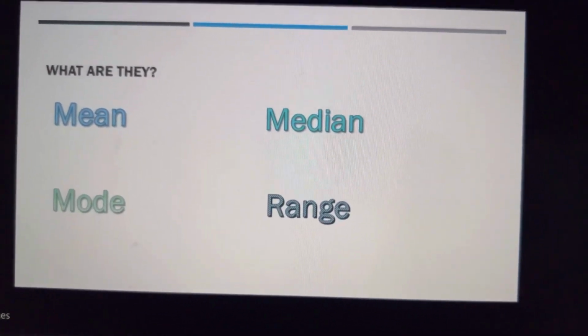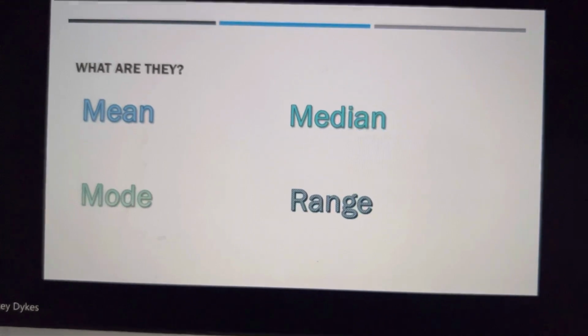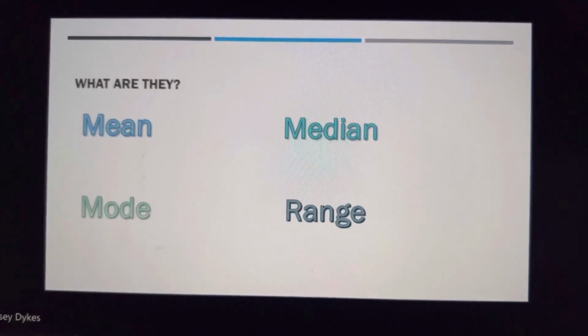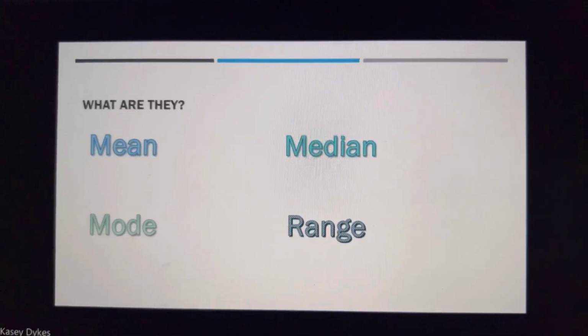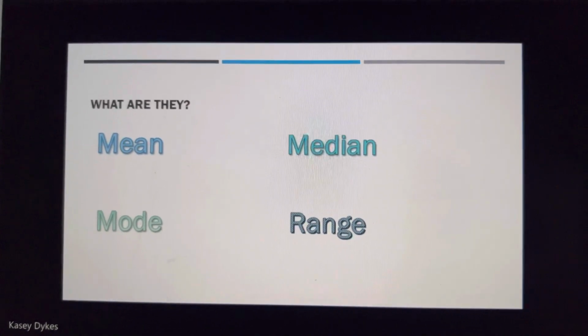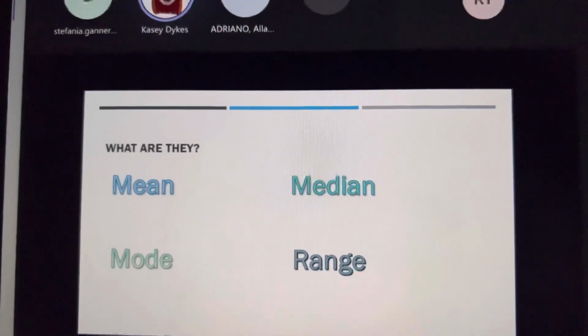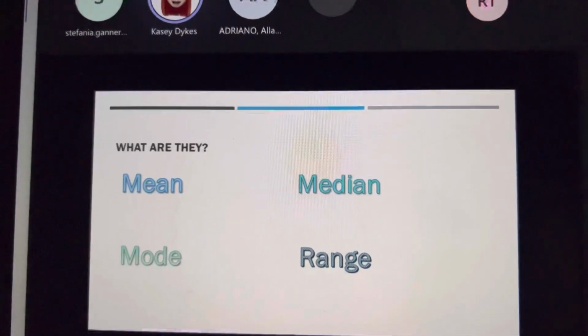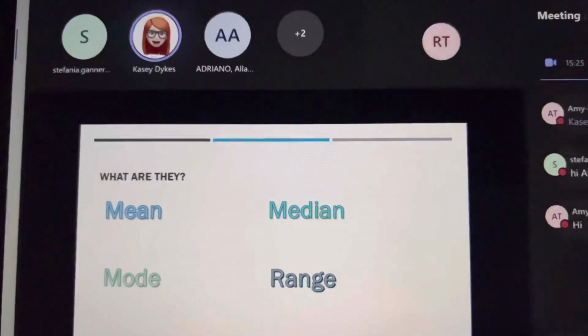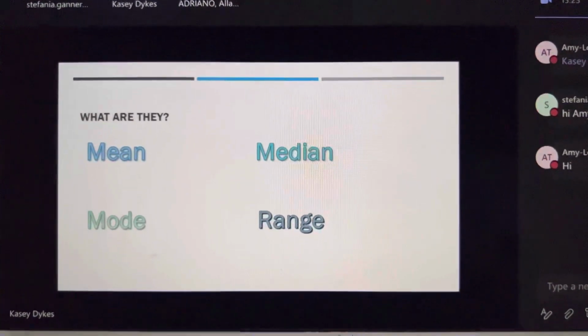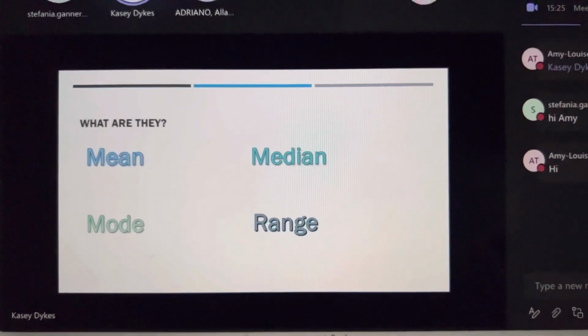Range is smallest number to the biggest, isn't it? It is, good. Median, when they put them in order, it's the middle number. Yes, good. Divided by how many, that's the mean.